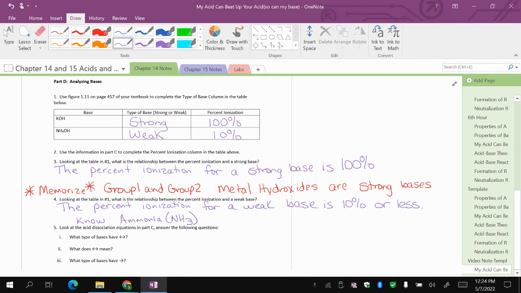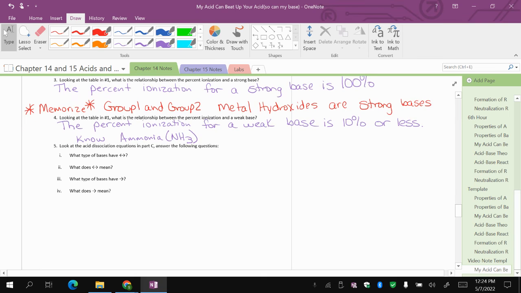And so going back to the activity, looking at the models, I pointed out the arrows to you. If it's a double arrow, it means it's reversible, and weak bases will have a double arrow.